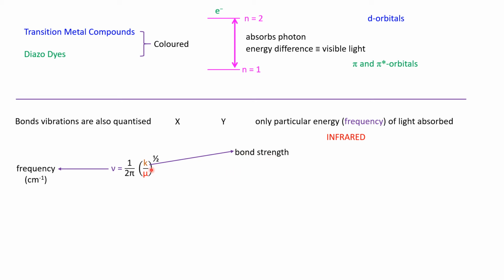Okay, now if the bond gets stronger, that means that the frequency required to make it vibrate more is going to go up, and that should make sense. If you've got a nice strong bond, if you think about bonds as being springs, for example, the thicker the spring, the stronger the spring, the more energy you have to put in to make it vibrate faster.